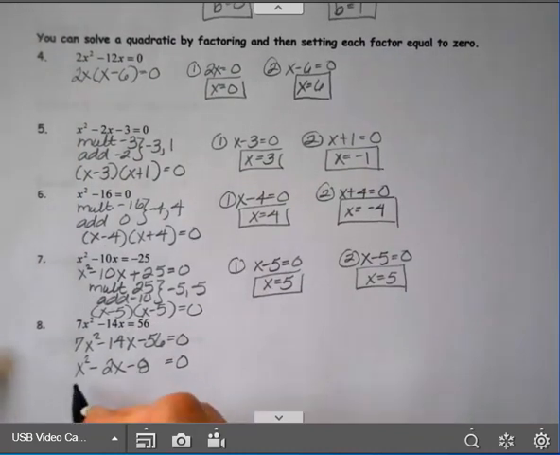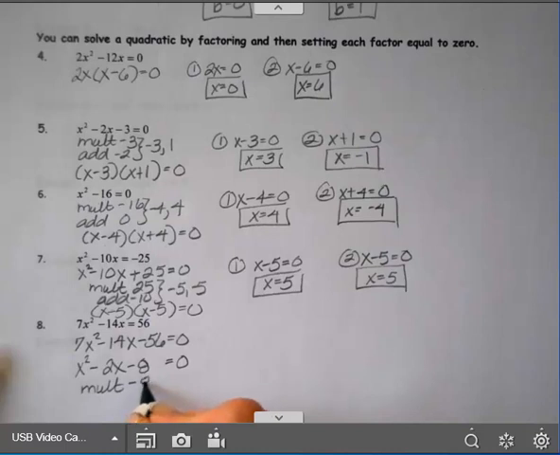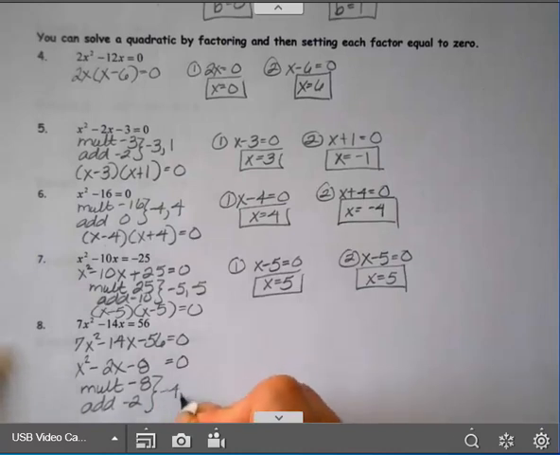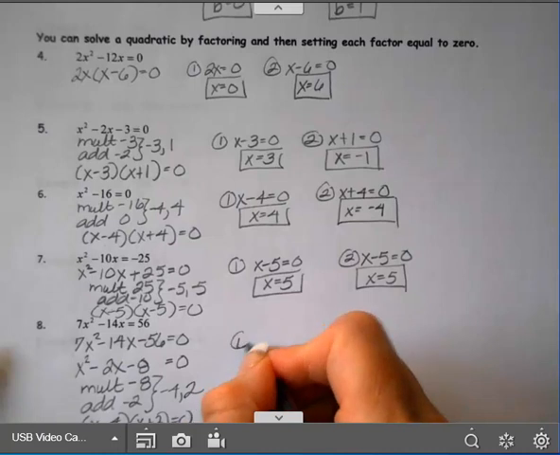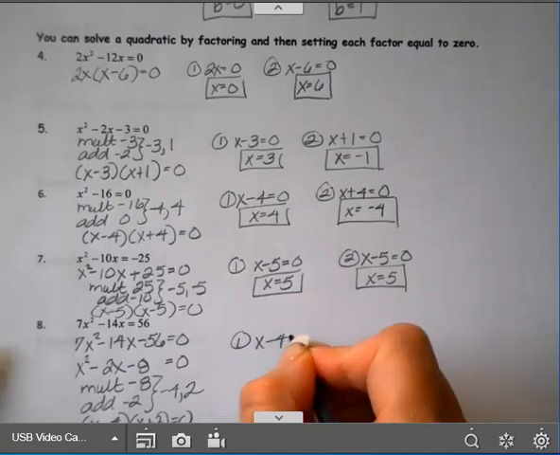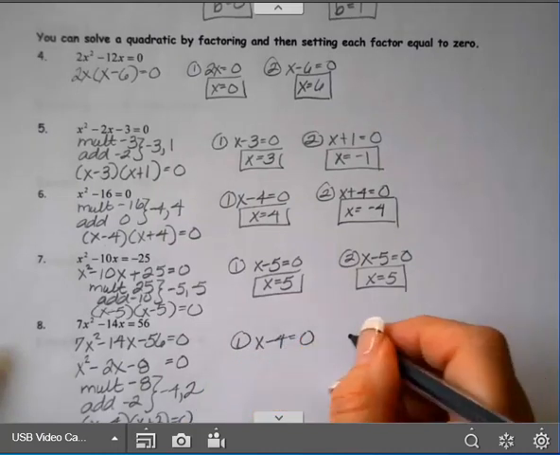Go ahead and factor this now. It's going to multiply to -8 and add to -2. So my numbers are -4 and 2 that do that. So let's factor it. So it's x minus 4, x plus 2. X minus 4 equals 0 is one of my factors.